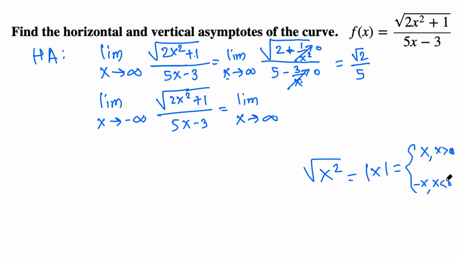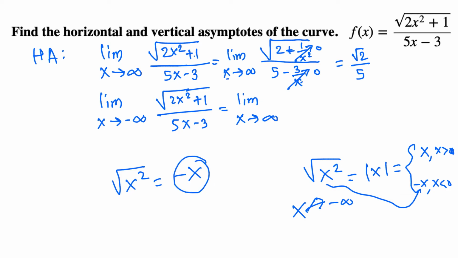When x is going to negative infinity, x is negative, so the square root of x squared is in fact negative x. It looks like negative, but x itself is negative, so overall the output is positive, the negative of a negative number.